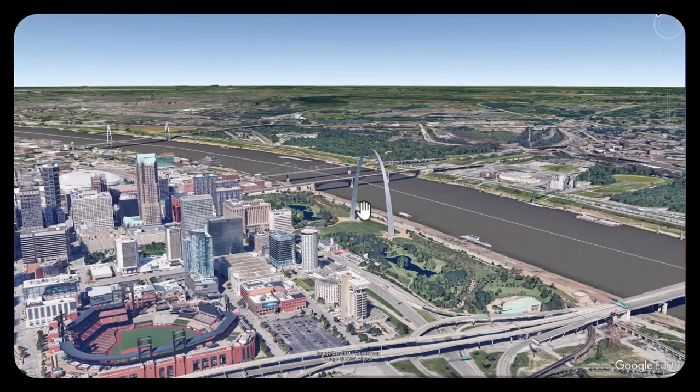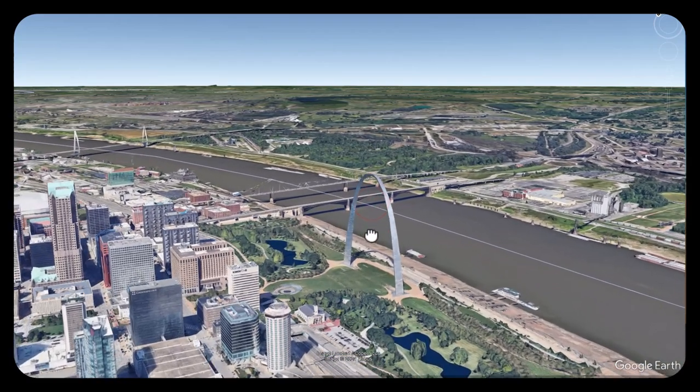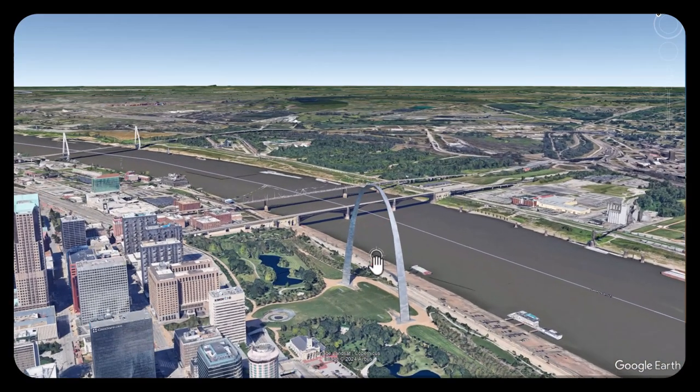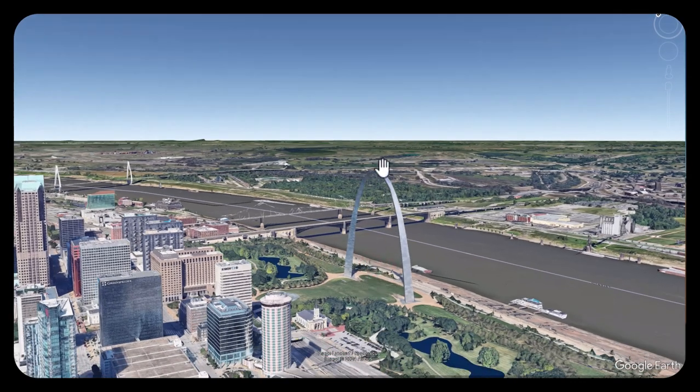This is an arch called the St. Louis Gateway Arch, which is tall of about 200 meters or 630 feet.